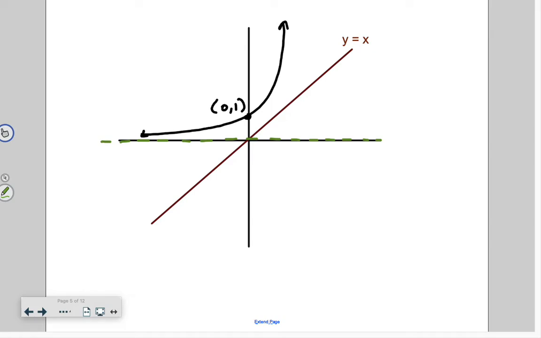So remember, when you're dealing with inverses, their graphs are reflections over the line y equals x. And therefore, when you take a horizontal asymptote and reflect it diagonally, it goes from being horizontal to now vertical. Okay? Horizontal, when you reflect it, becomes a vertical asymptote. So in this case, the asymptote now comes to here.